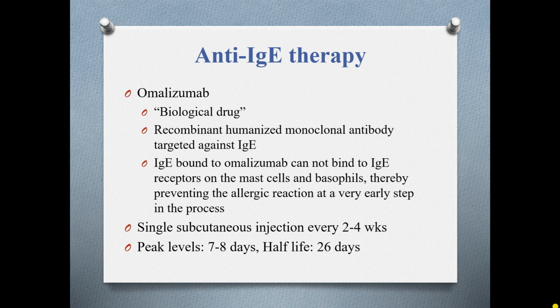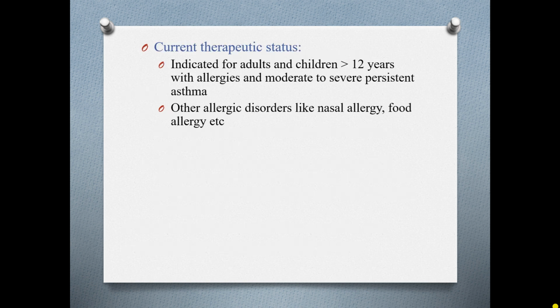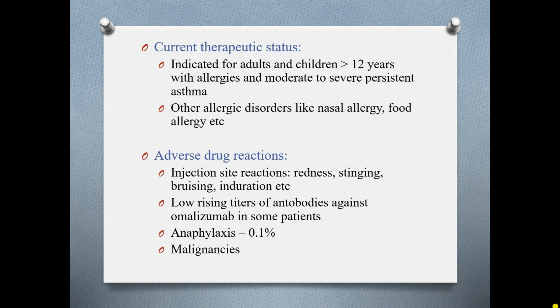A single subcutaneous injection every 2 to 4 weeks is sufficient. Peak levels are achieved in the next 7 to 8 days and half-life is 26 days. Current therapeutic status: it is indicated for adults and children of more than 10 years with allergies and moderate to severe persistent asthma. Other allergic disorders like nasal allergy and food allergy can also be treated with this drug.